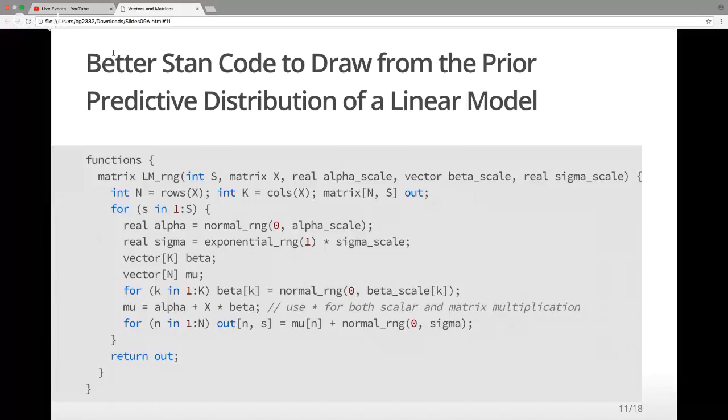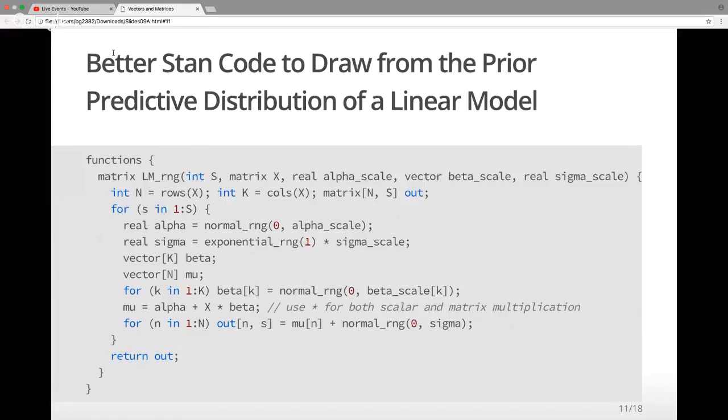Like most of the times when we specify priors on regression coefficients, it's going to have a prior expectation of 0, some weakly informative standard deviation going into that prior, but because I passed in a vector of scale parameters pertaining to my prior on the betas, I can index that just like I would with R with a bracket, little k bracket. Anyway, that draws from my normal prior distribution on the coefficients for beta.